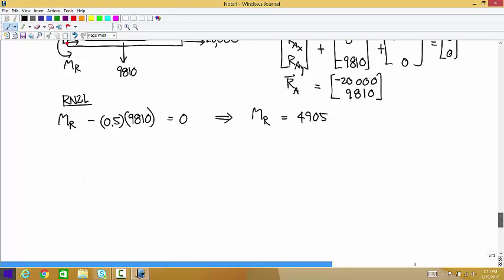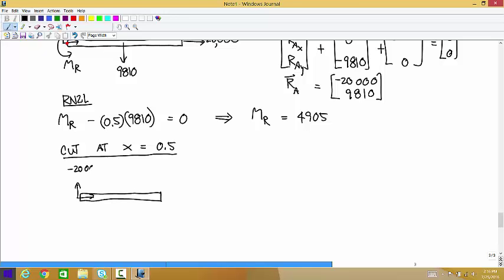And now we can do our cut. So we're going to do our cut at x equals 0.5. We have our force vector that we just calculated at the left, negative 20,000, positive 9810, and our couple of 4905.